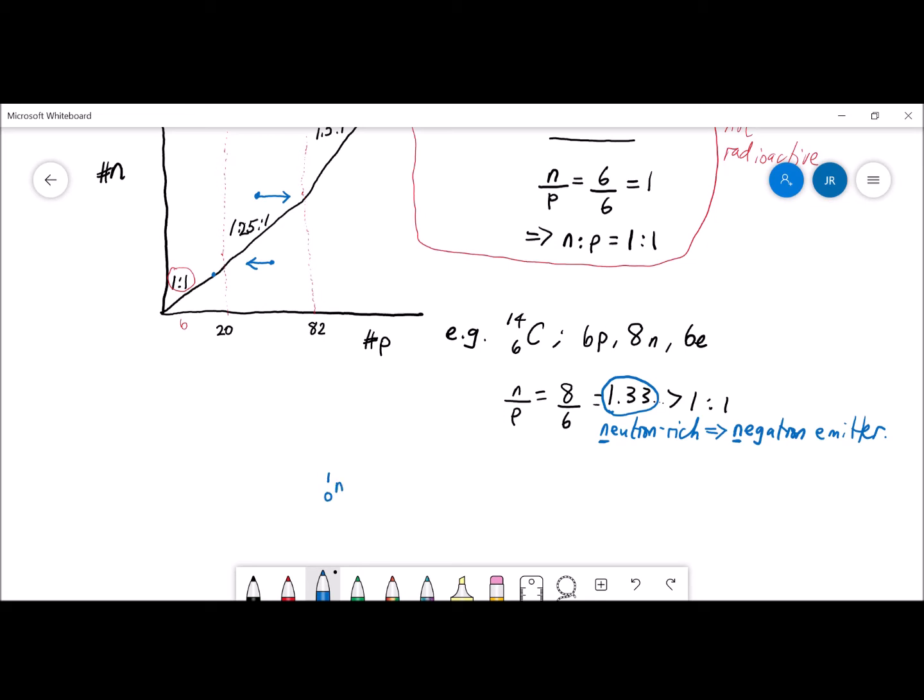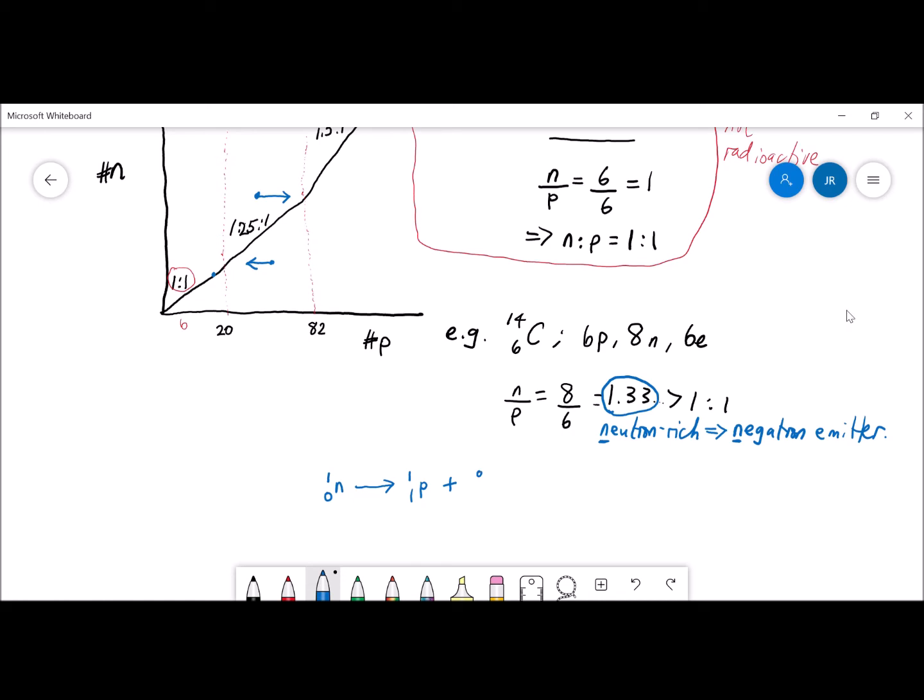So we can take a neutron with an atomic number of 0 but a mass of 1, and this will decay into a proton with a mass of 1, an atomic number of 1, plus a beta particle, a negatron.